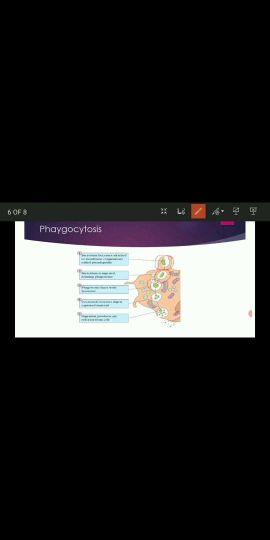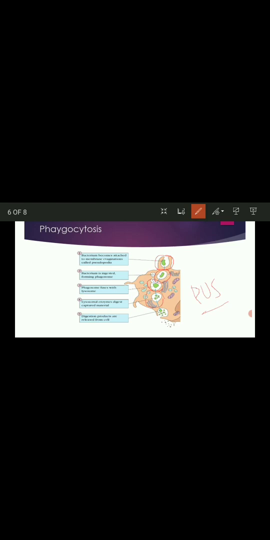This is the phagolysosome, and such a phagolysosome is broken into small pieces with the help of the lysosome, and the debris is cleared out of the body in the form of pus. What happens when there is bacteria in contact with the phagocytic cell?